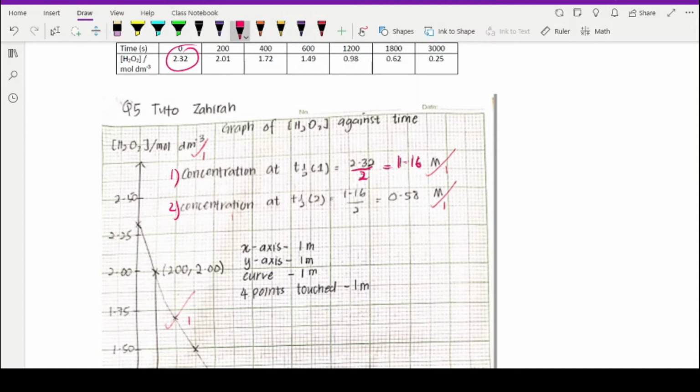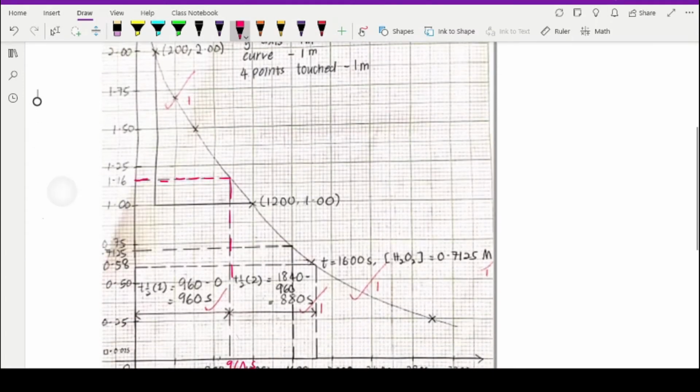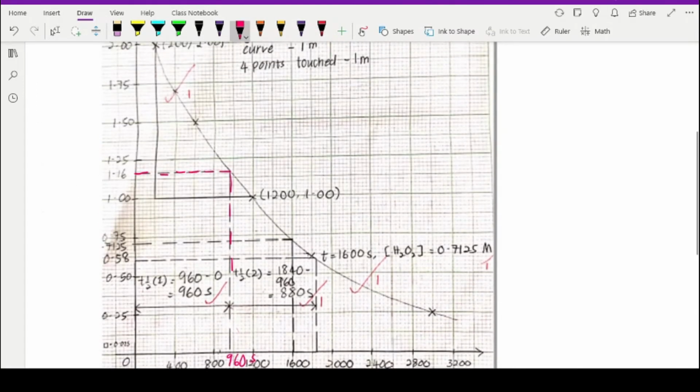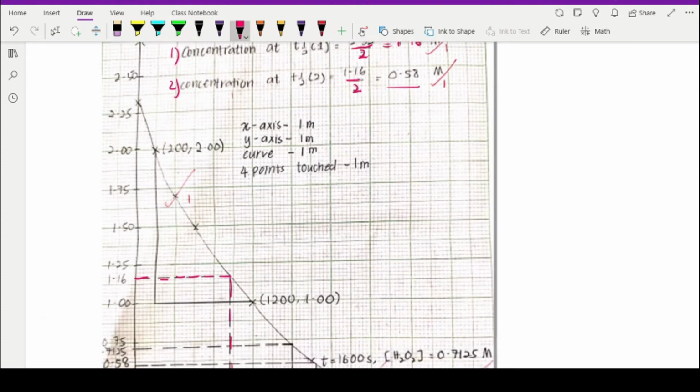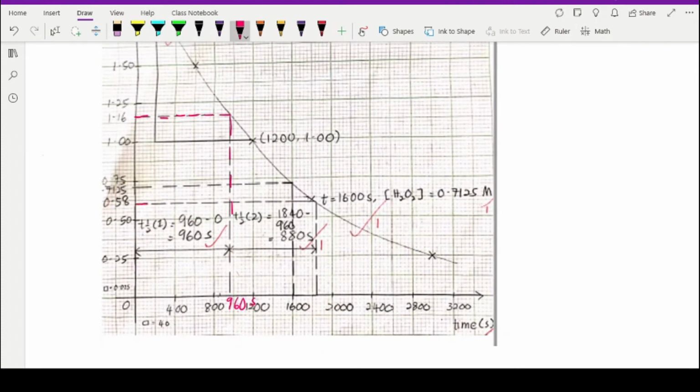Second is to find the concentration at the second half-life. So just divide your first half-life concentration by 2. So you've got 1.16 divided by 2 to get 0.58 molar. Next, you need to draw your concentration at 0.58.